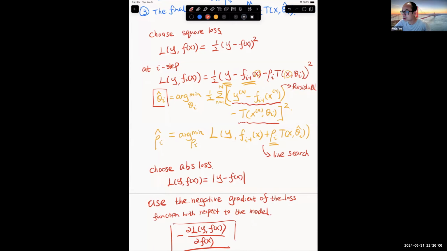I'm going to tell you one thing, which is the biggest difference between gradient boosting and AdaBoost. If we're choosing the square loss, I'm just going to focus on the square loss. AdaBoost focuses on the misclassified points.